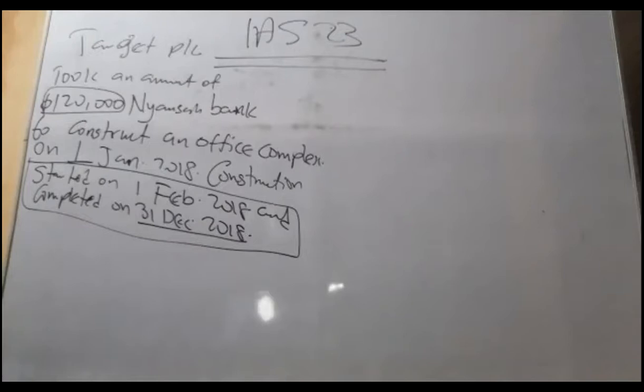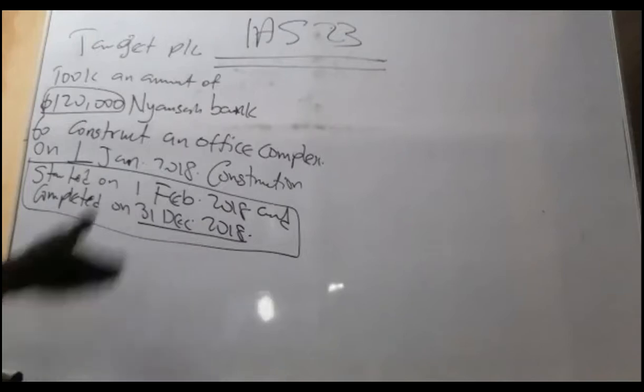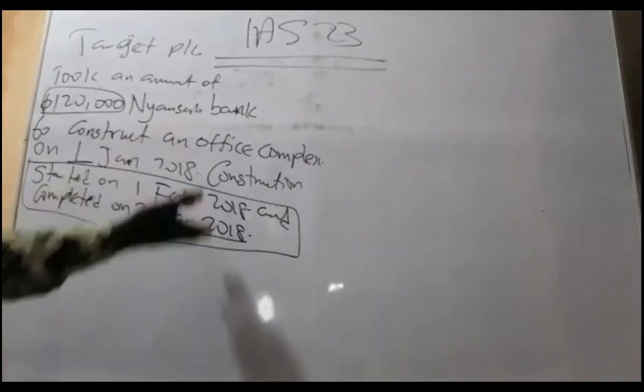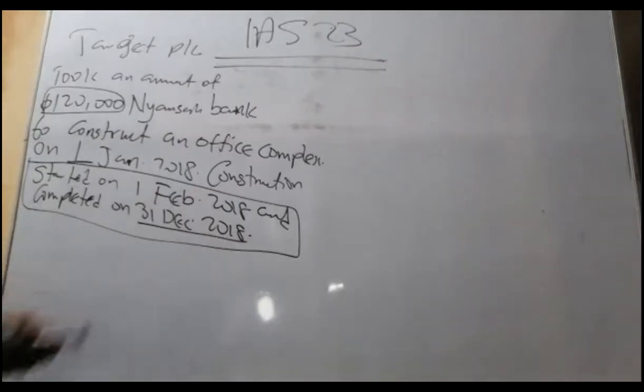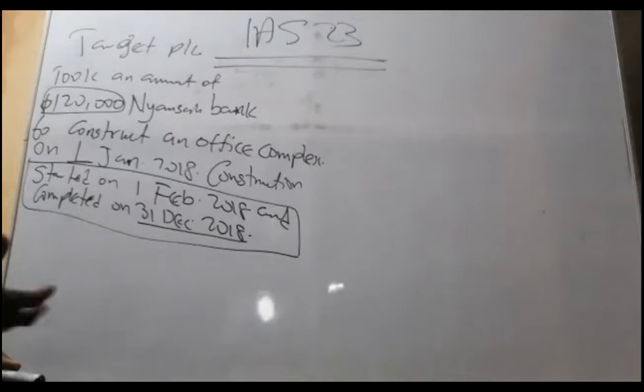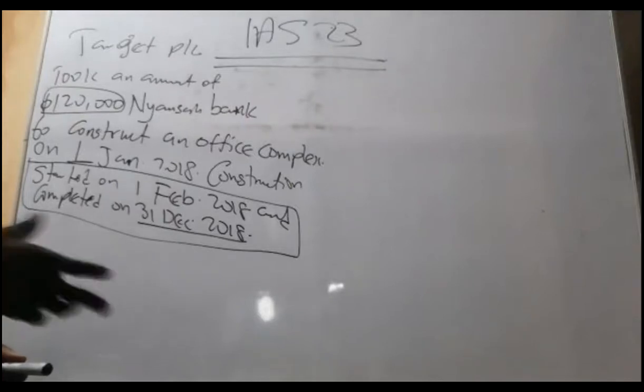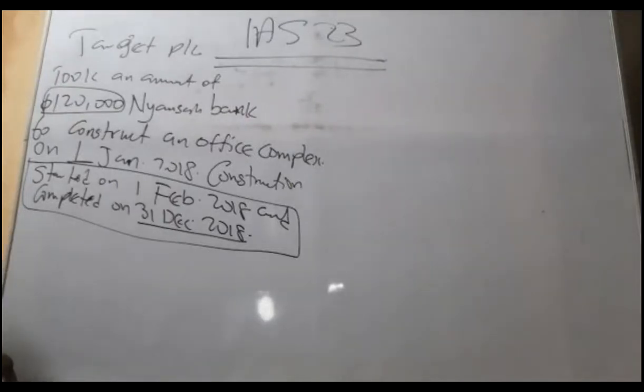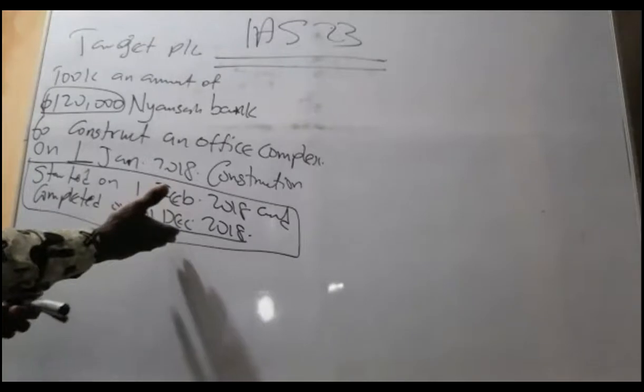If they inform you that it lasts for 2 years, then construction was completed on the last day of what? 31st January 2020. That's exactly 2 years from now.